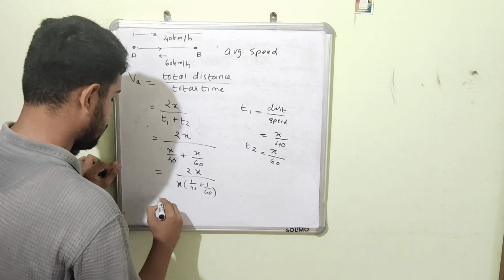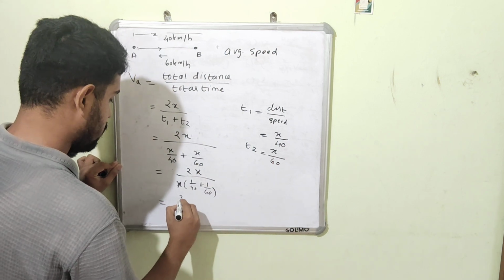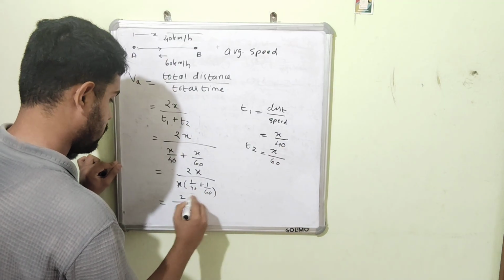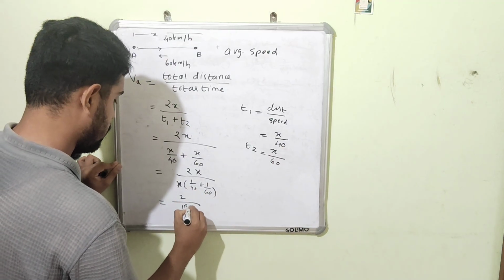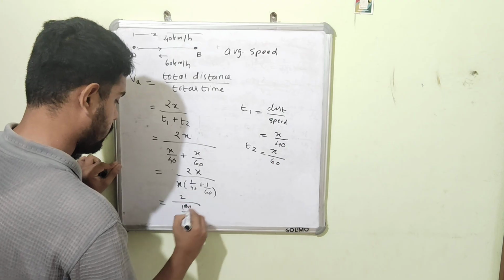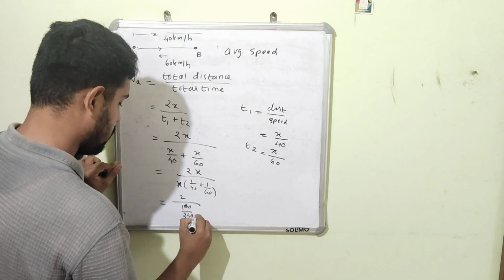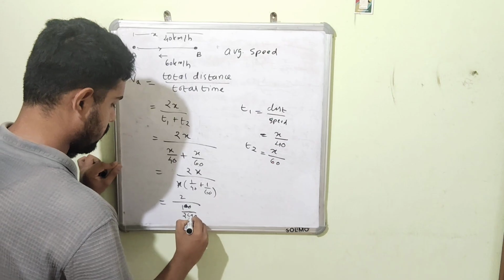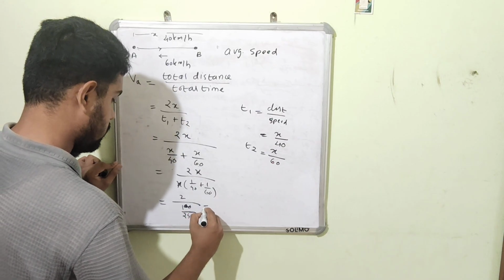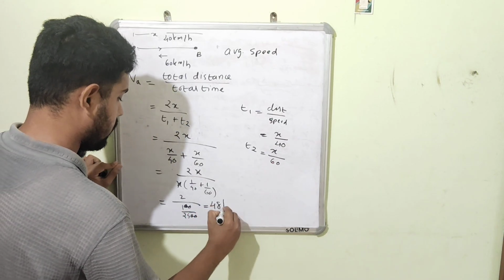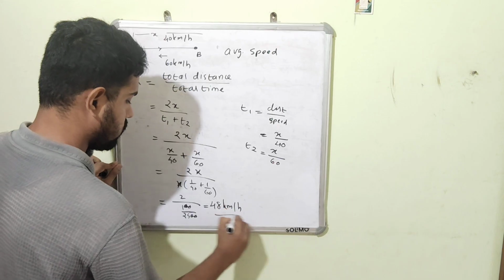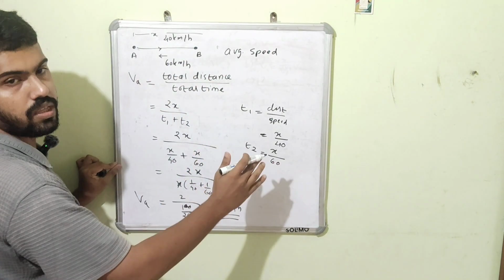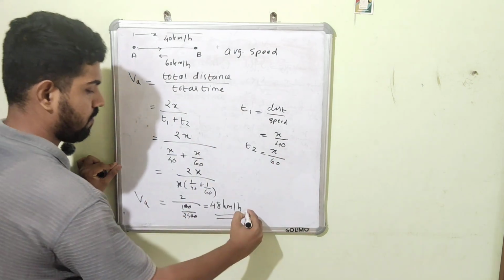Let us cancel x, so we get 2 by, cross multiplying 40 and 60, we get 60 plus 40, 100 by, yes, then after cancelling these two terms we get 48 km per hour. So this is our average speed on this journey from A to B as well as B to A.